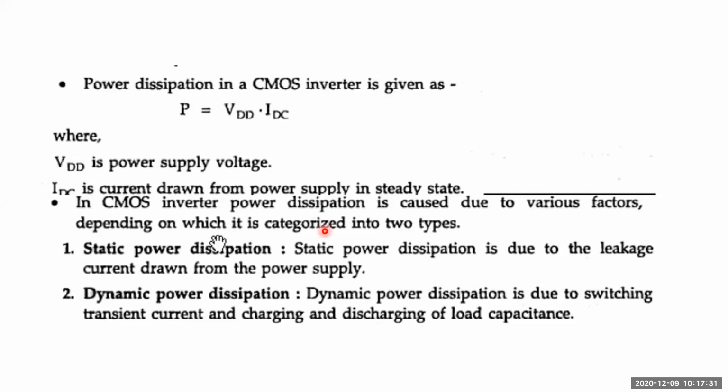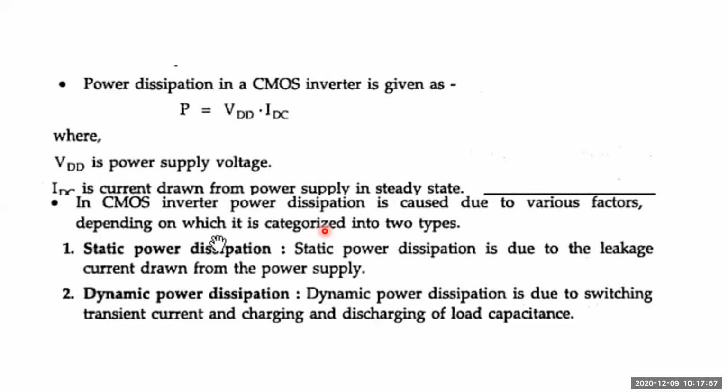In the CMOS inverter, the power dissipation is caused mainly by various factors. These different factors can be categorized into different types of power dissipation, and in this concept we'll see the different kinds. The first one is static power dissipation.